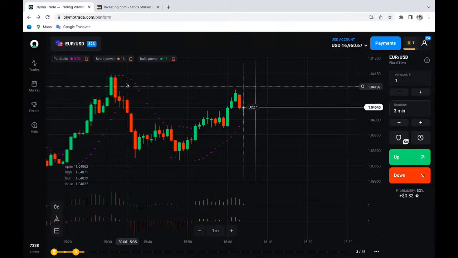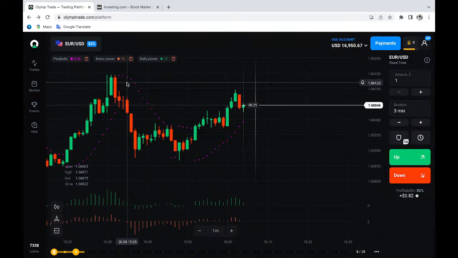When the candles are below the parabolic, it is clearly a downtrend. When the candles are above the parabolic and the parabolic is moving from bottom to up, it means an uptrend. So these are the main components of this strategy: bull power, bear power, and parabolic SAR.